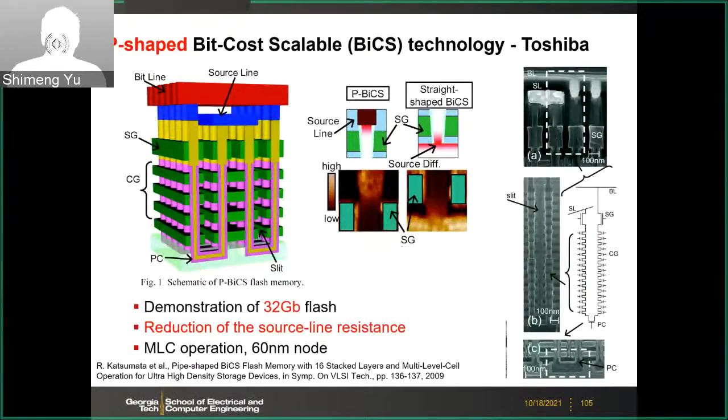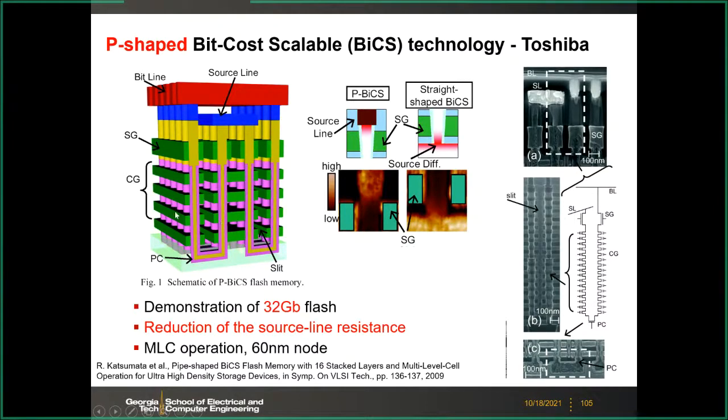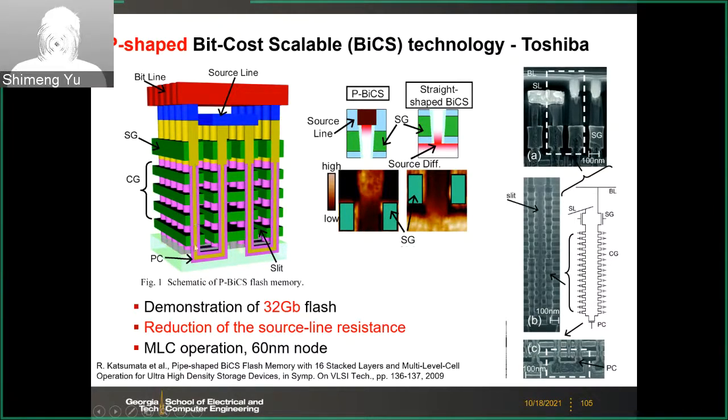And next, I will briefly talk about this second paper from Toshiba, presented in VLSI 2009. This is the P-shaped bit cost scalable technology. The only difference is that here they make two adjacent pillars connected by this U shape.